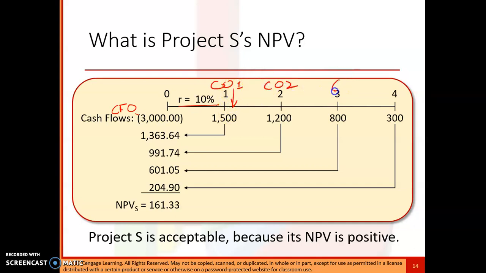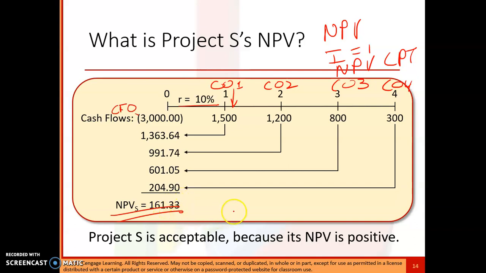C02, C03, C04. We did NPV and we'll make I equal to 10. Go down to NPV and hit compute. And that's going to tell you that NPV is equal to $161.33. So Project S would be acceptable to the firm because the NPV is greater than 0.